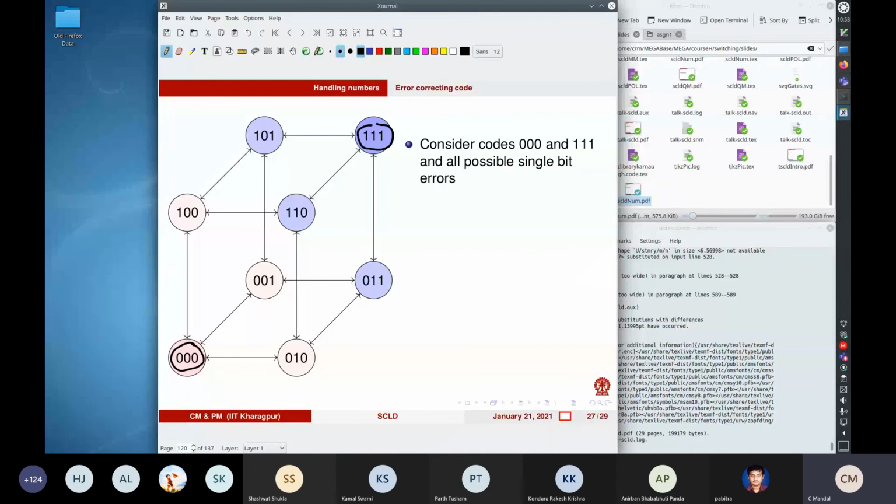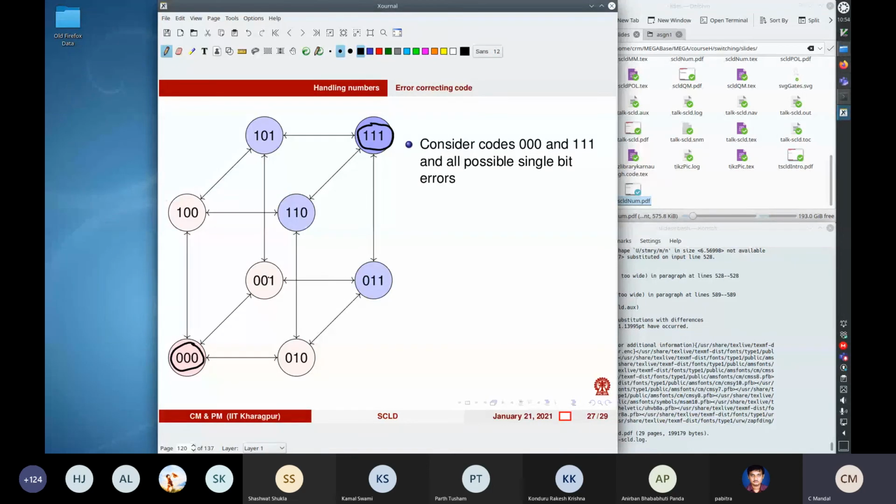All right. Now, suppose a single bit error is allowed. Let us say that any one bit can go into error. We are assuming that only a single bit goes into error. So these are the possible erroneous codes. 000 can become 100, 001, or 010.